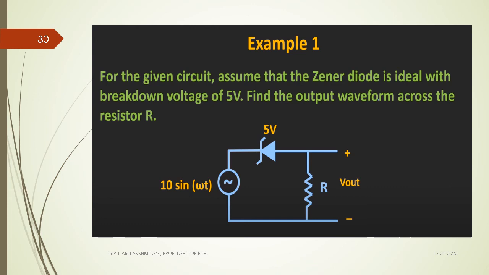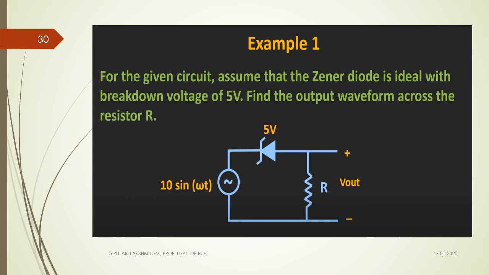So for the given circuit, assume that the Zener diode is ideal. That means if it is forward biased, we consider the drop across the diode to be 0. If it is reverse biased, we consider the drop across the diode to be 5 volts. That's the meaning of the Zener diode being ideal with its breakdown voltage of 5 volts. Find the output waveform across the resistor R.